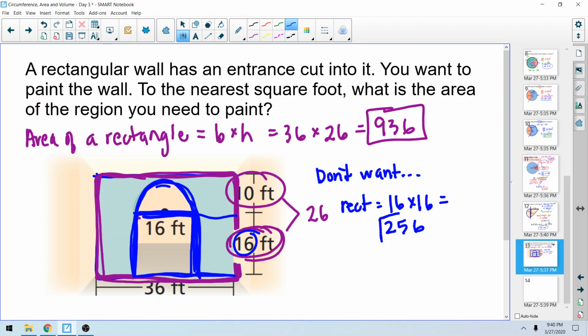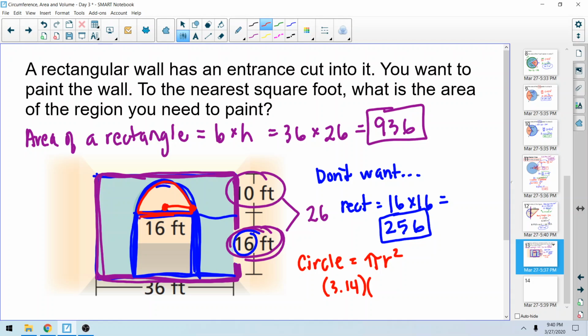Okay, so that's the first part we don't want, but we also don't want this semicircle. Well, in the example we just did, we kind of did a circle, or a semicircle. So the area of a circle is pi r squared. So 3.14 times the radius. Well, the radius is from the center to the edge. Do we know the radius? And the answer is not really, but we can find it.